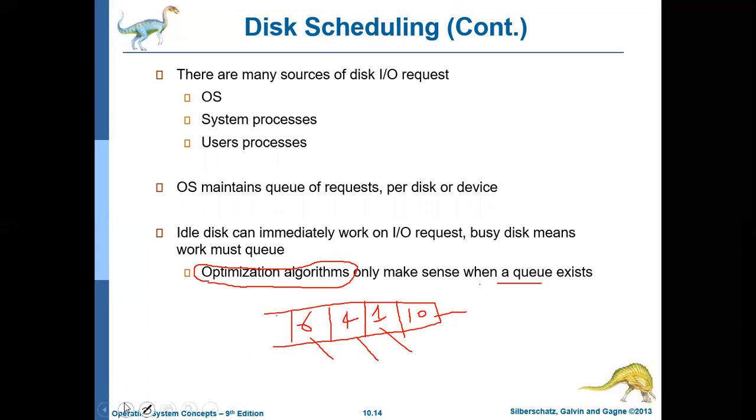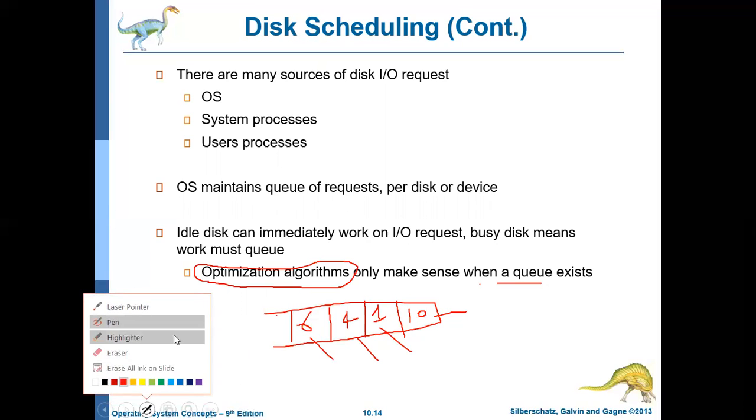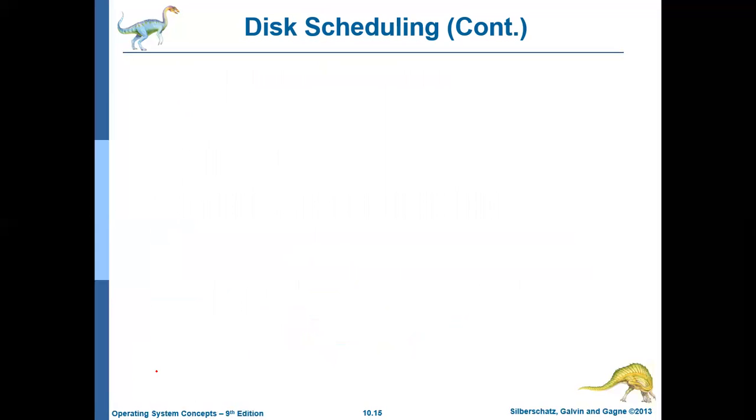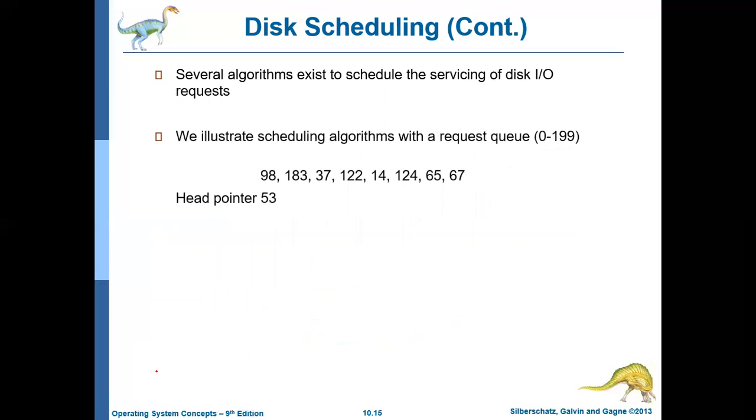We will be discussing several disk scheduling algorithms, which decide in what order the requests to access the hard disk will be satisfied. For all of them, we will consider this example: a process or more than one process wants to access these cylinders in this order.